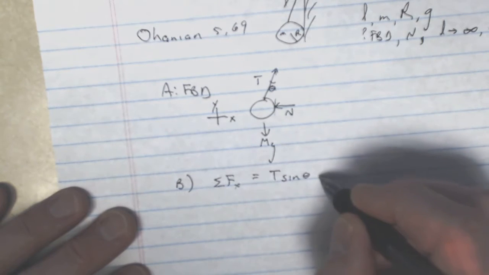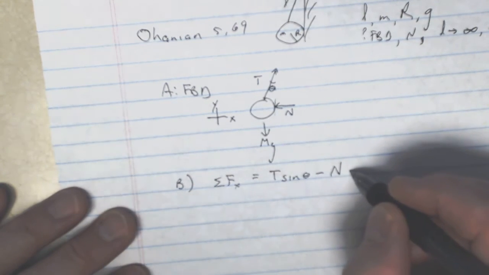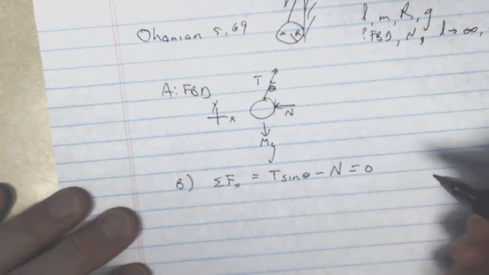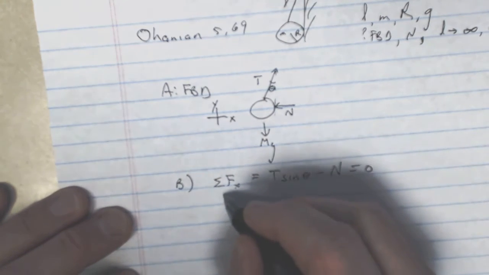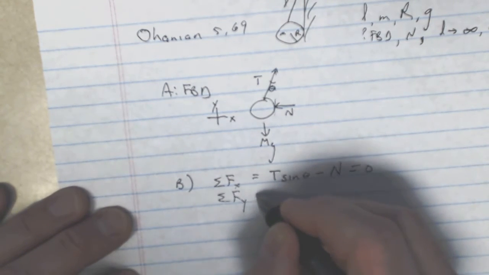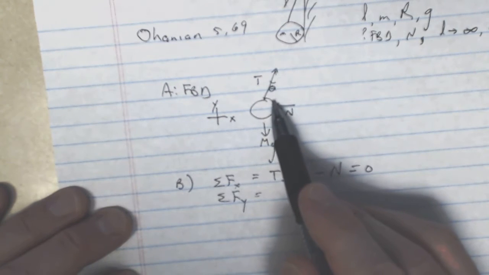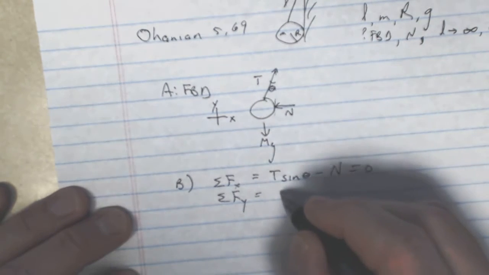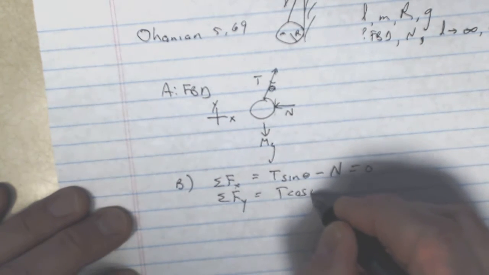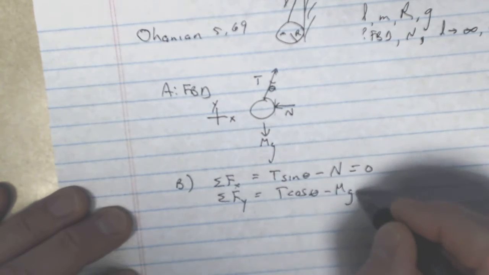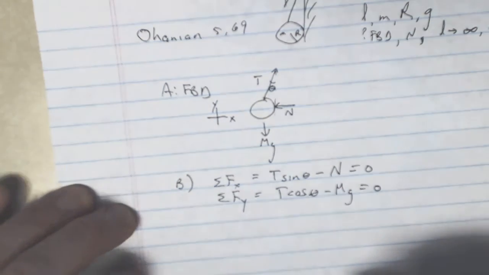The normal force points in my negative x direction, minus N. And these have to sum to 0 because the ball's at rest. In my y direction, there's a component of tension upwards, which is T cosine theta, and there's gravity down. That's also 0.